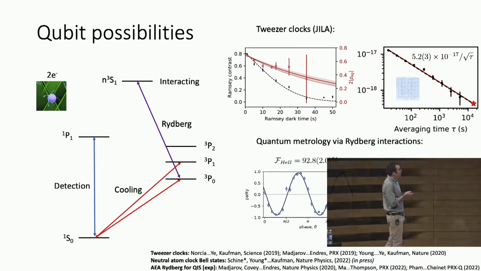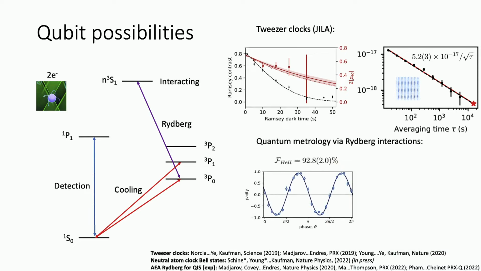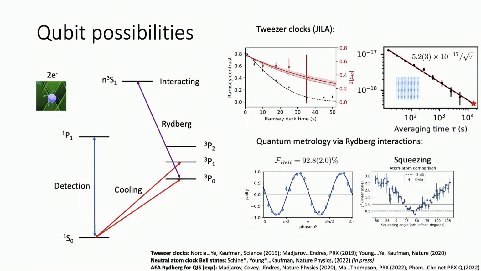So this allowed us, for instance, recently to show for the first time Bell states on a neutral atom optical clock transition, something which is actually now standard in trapped ion systems. And furthermore, this is, I should say, preliminary data, we've been able to see that we can use Rydberg dressing techniques to realize squeezing in an ensemble of atoms. So if you're interested in this, you can go to Aaron's poster yesterday.